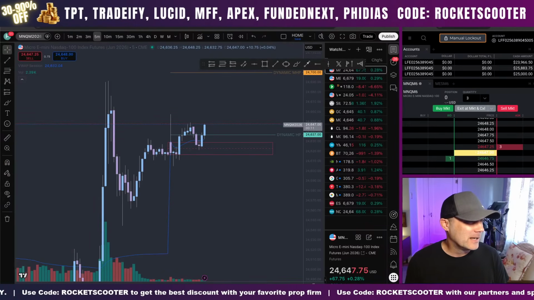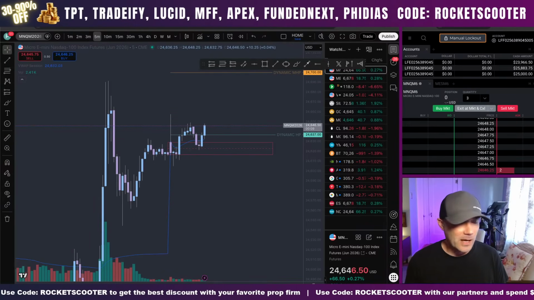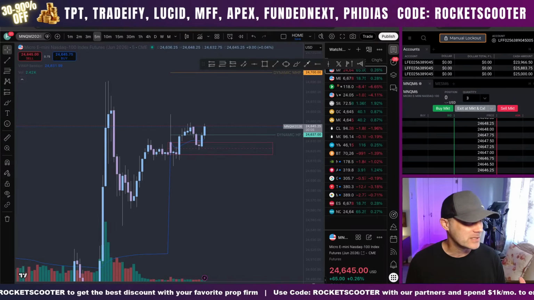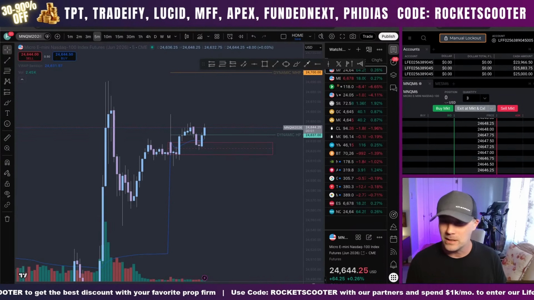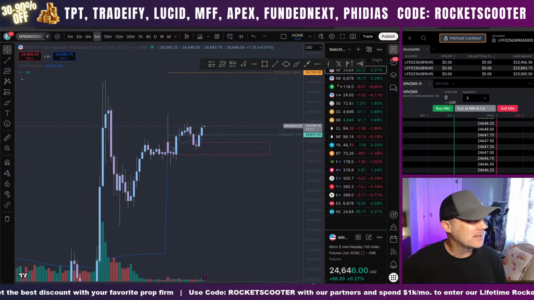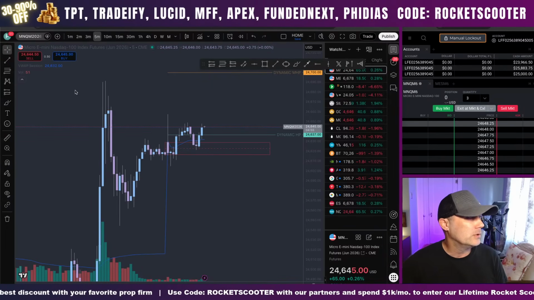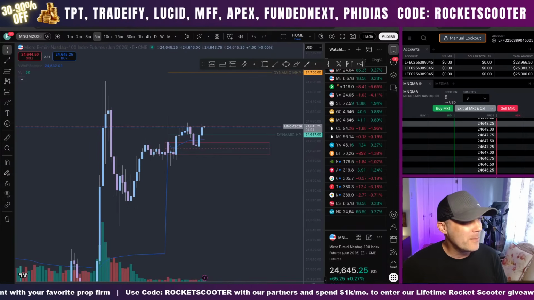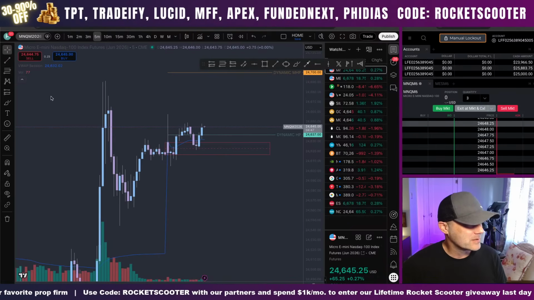I'm having one small issue. I cannot get TradingView, the desktop app or the web app, to connect to my prop accounts.